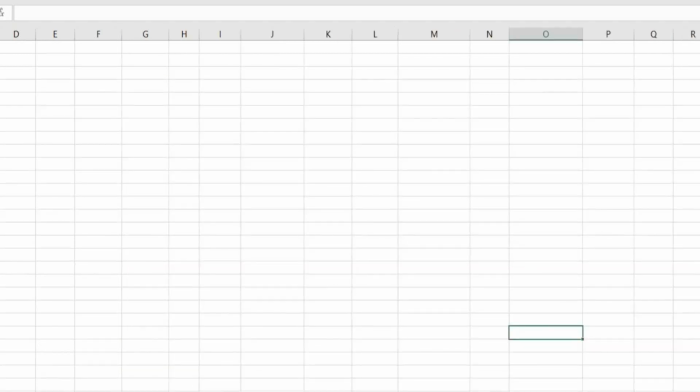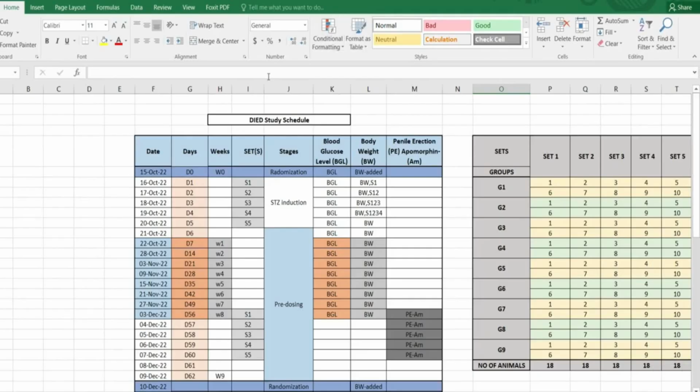You can see here we have designed the schedule. We have divided this schedule as per date, day, weeks and stages. According to these stages, we can easily calculate how much time we need for particular activities.